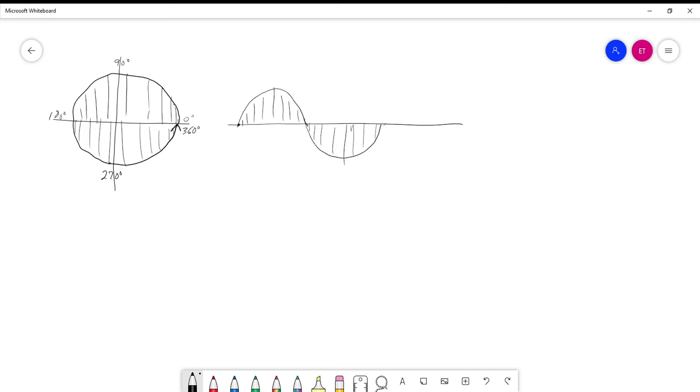Or another way you could look at that is we just took our two halves of our circle and unfolded it in a line, right? I took this half of the circle, and if this was drawn to scale, this half is the same as this half, and then this half is the same as this half.